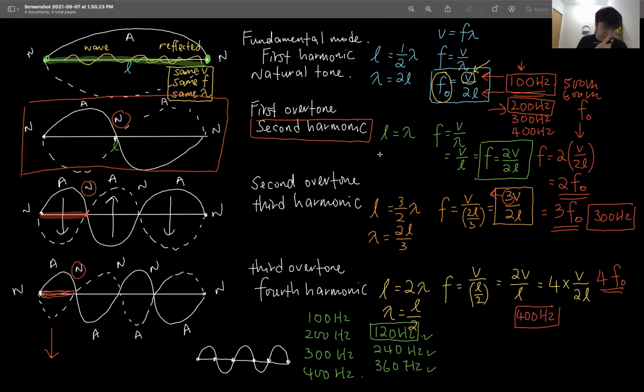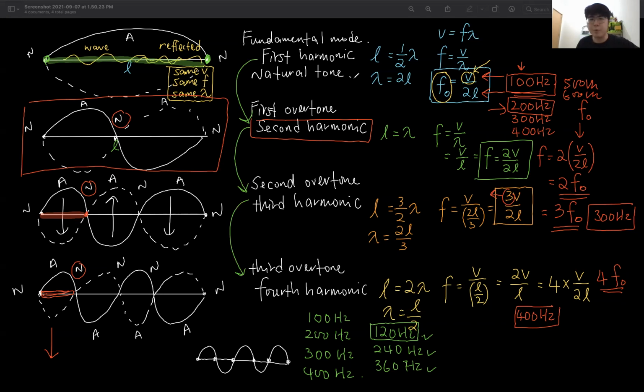Now, how about if the question asks you, so far, what is the bottom line? The bottom line is the frequency that you need to know. When I go from the first harmonic, second harmonic, third harmonic, and fourth harmonic, what happens to the frequency?